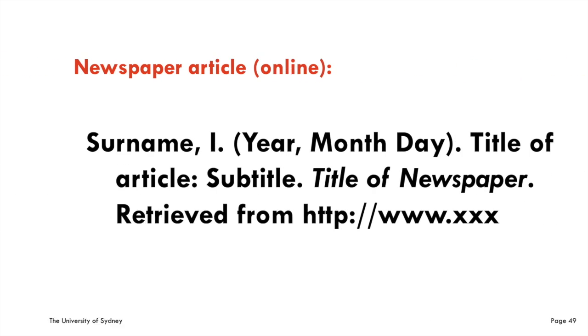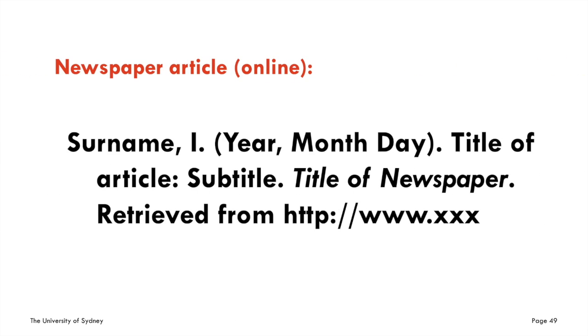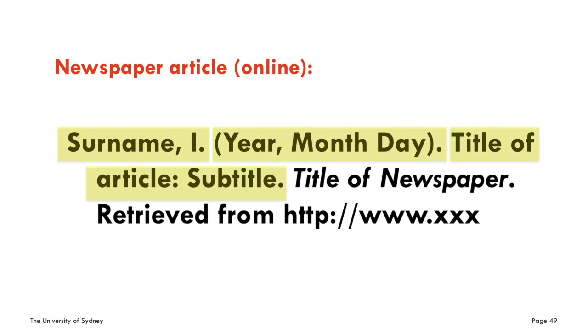If you're citing an online newspaper article, which sometimes happens, you'll have the author name at the start, so the surname and first initial of the journalist who wrote the article, the year, month and day of the article, the title of the article, and then the title of the newspaper in italics. Then include the homepage of the newspaper.